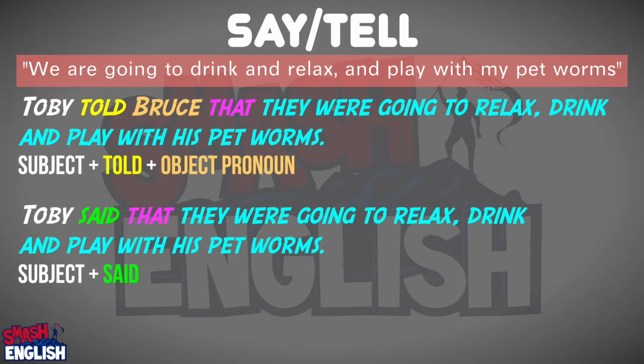No, no, no. If you want to use an object pronoun with say, we need the preposition to. Toby said to Bruce. I said to him. But usually it is not necessary. It depends on the context. For both of these structures, we can use that, but again, it's not necessary.